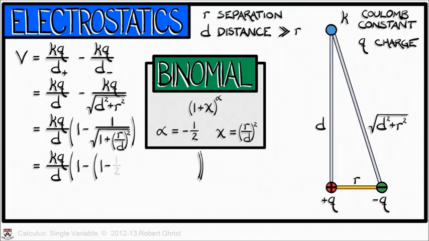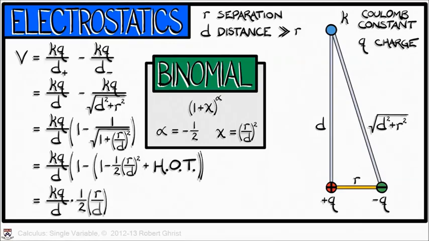Because the first two terms in the binomial series are 1 plus alpha x, we get the first two terms in the series applied here to be 1 minus 1/2 times r over d quantity squared. Simplifying, we see that the 1's cancel, and we're left with kq over d times 1/2 r over d quantity squared.